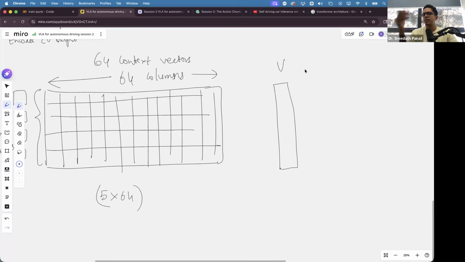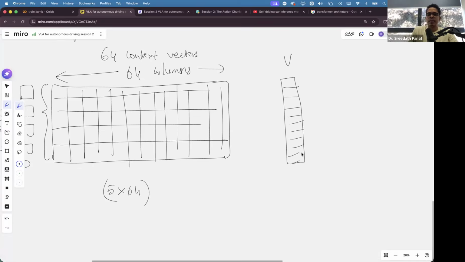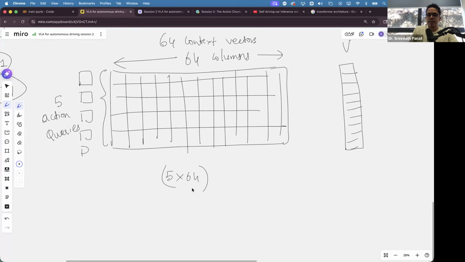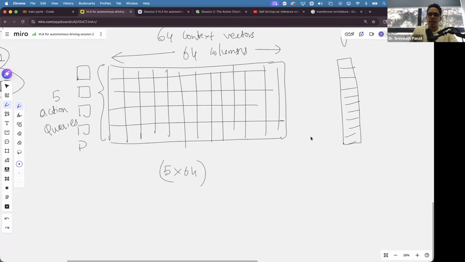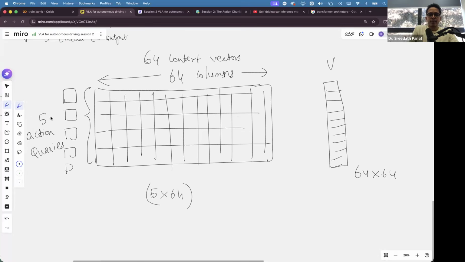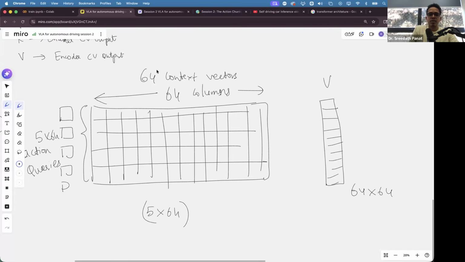The value vectors originate from the context vectors coming from the transformer encoder output, so there will be 64 value vectors, each of the dimensionality of the embedding space, which I think is 64 only. So value will be 64 by 64, query will be 5 by 64, and key will also be 64 by 64, because I have 64 keys, each of dimensionality 64.